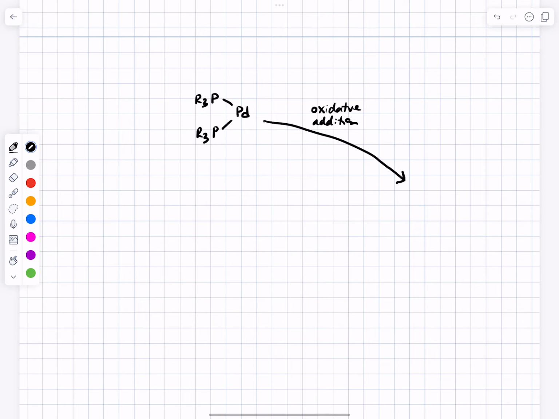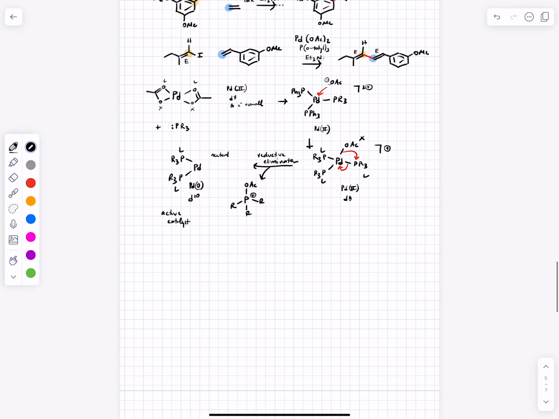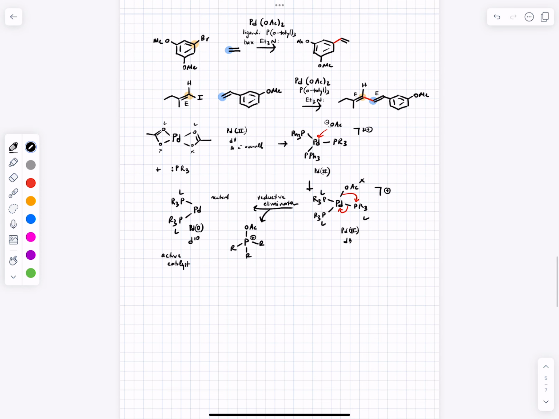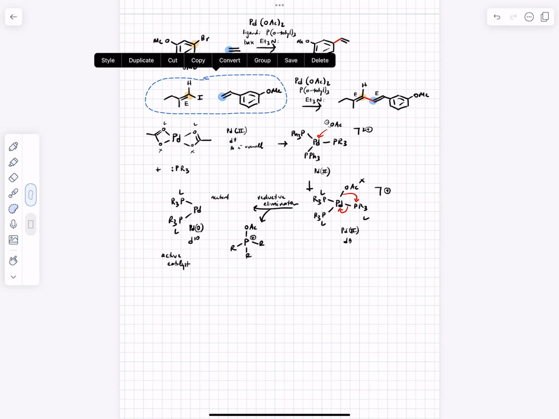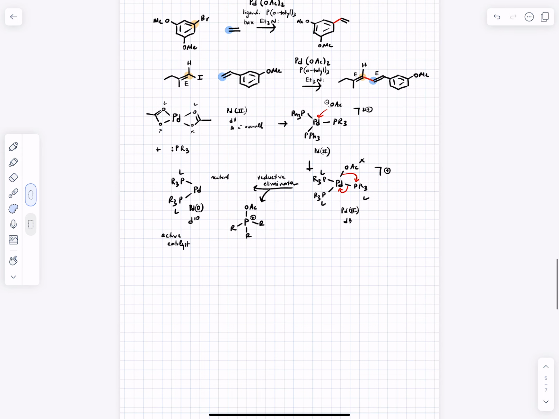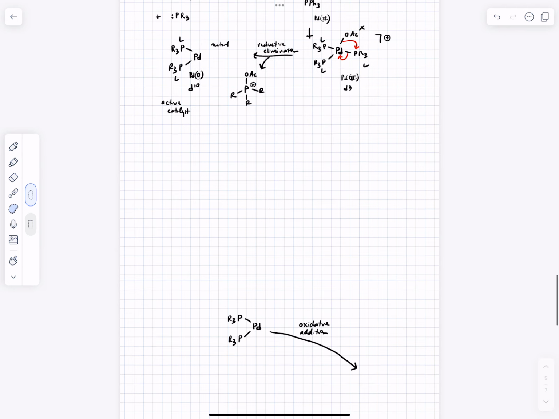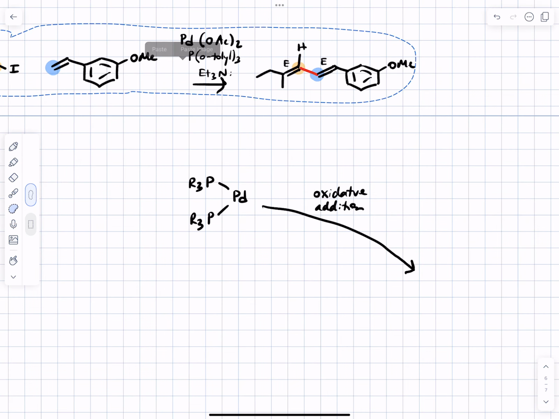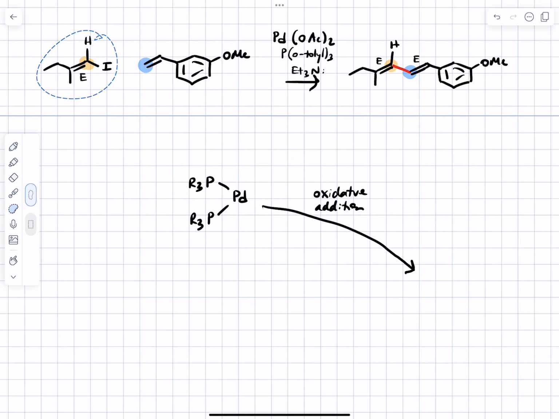And we're going to do that with this reaction, so I'm going to copy those starting materials. Sorry for the trouble, sorry to skip up and down. So we'll do oxidative addition of this vinyl halide.